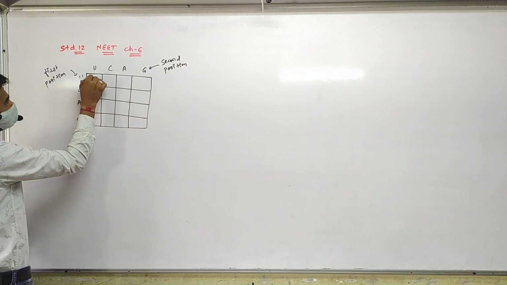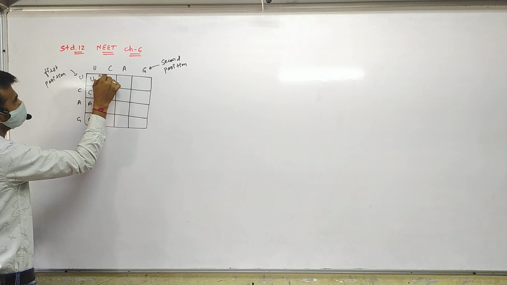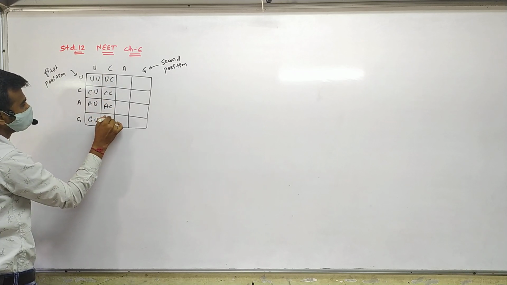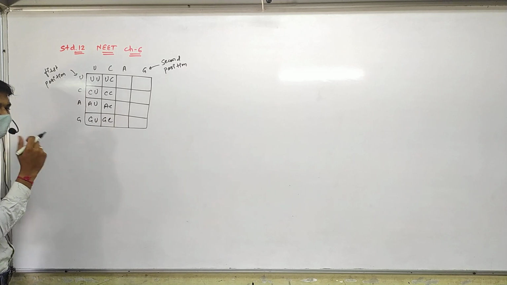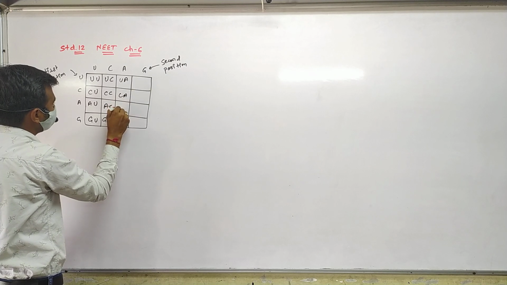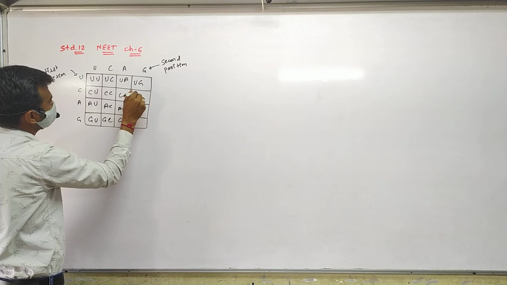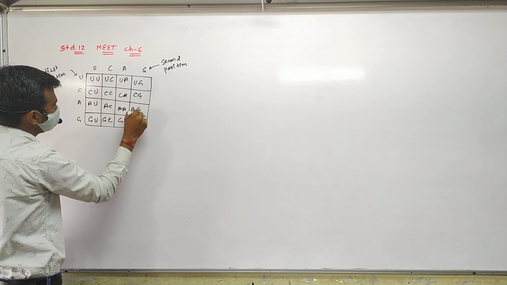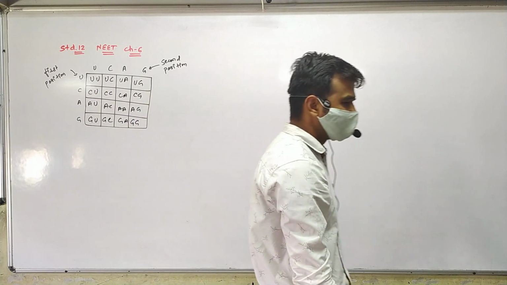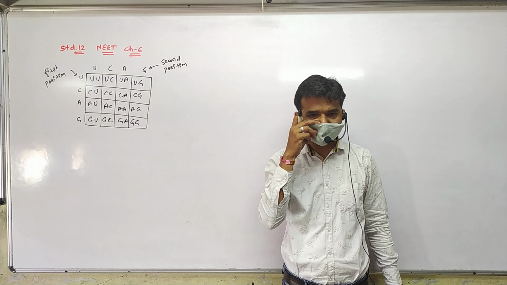So here UU, CU, AU, GU. Here UA, CA, AA, GA. Here UG, CG, AG, GG. These 16 codes are not enough to represent 20 amino acids.